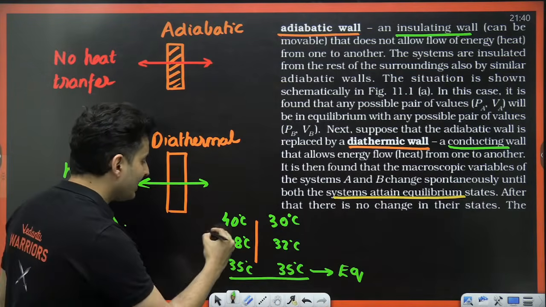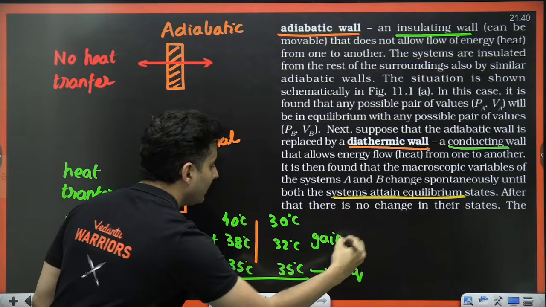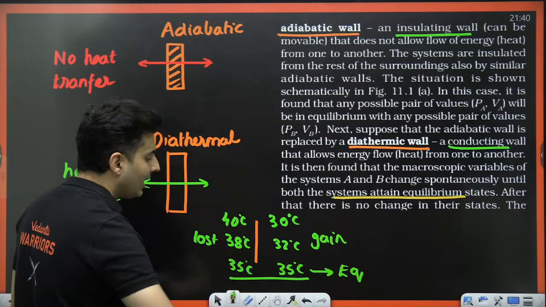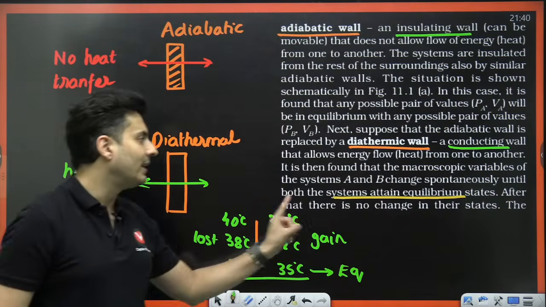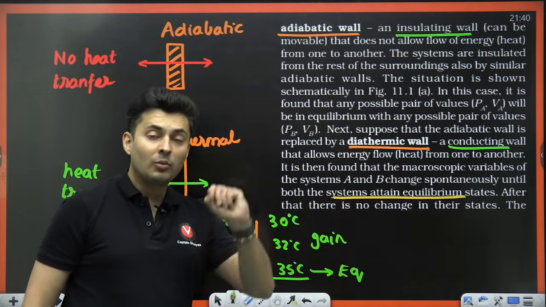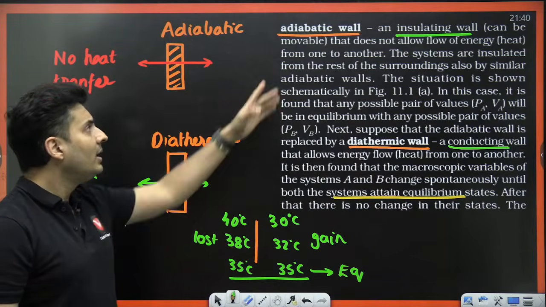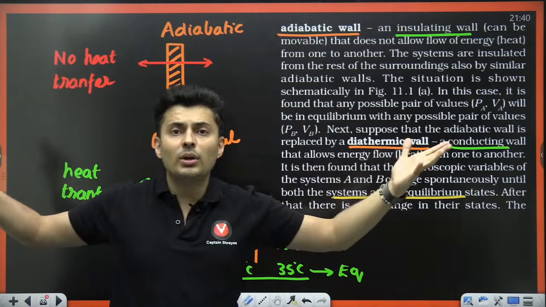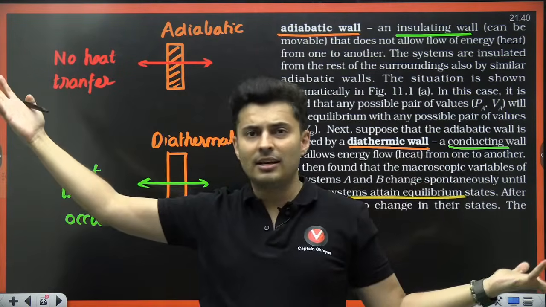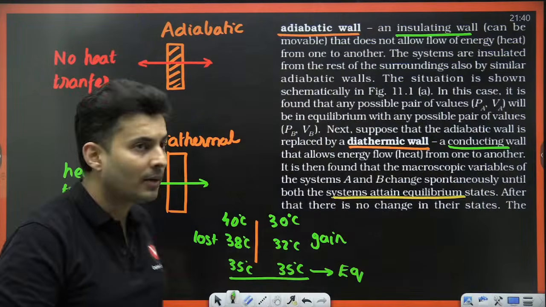This has lost heat, this has gained heat till they achieve equilibrium, and then there is no transfer of heat. That is the meaning of thermodynamic equilibrium. And it can only happen for a diathermal wall. It can't happen for an adiabatic wall because they will just be insulated. One side will be high, one side will be low, and the heat will not get transferred.